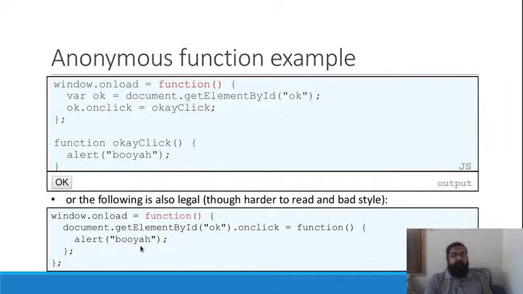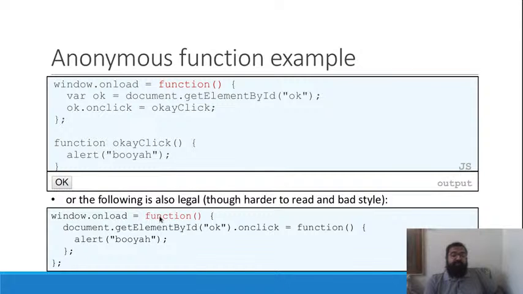You can also do it this way. You can have an anonymous function and you can create another anonymous function inside that anonymous function. Here is an example of the earlier code itself, but in a different style. It's a bad style because it's harder to read.